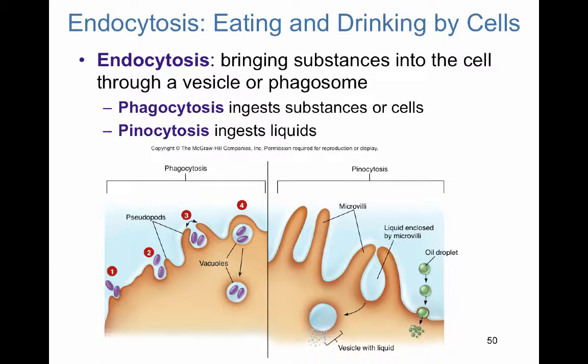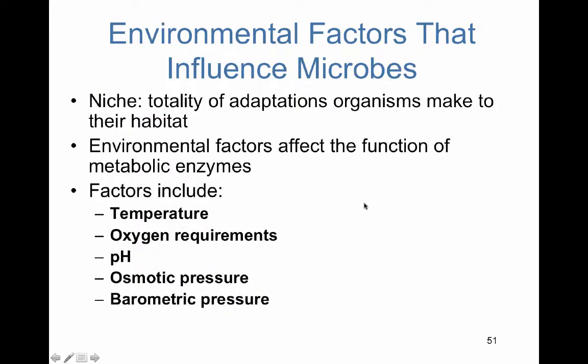Our macrophages, in response to a viral or a bacterial infection, will actually engulf the pathogen into a vacuole and try to degrade it as an effort to destroy the infection. Pino, again, is liquids.